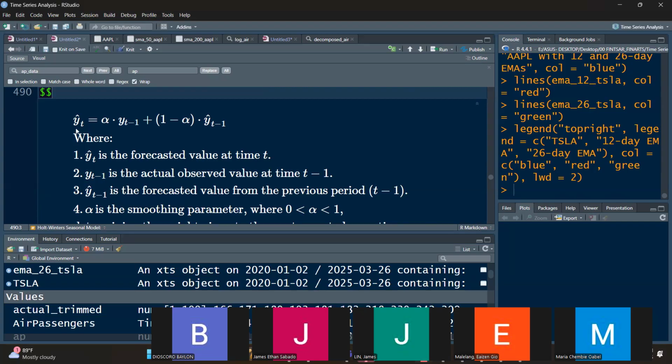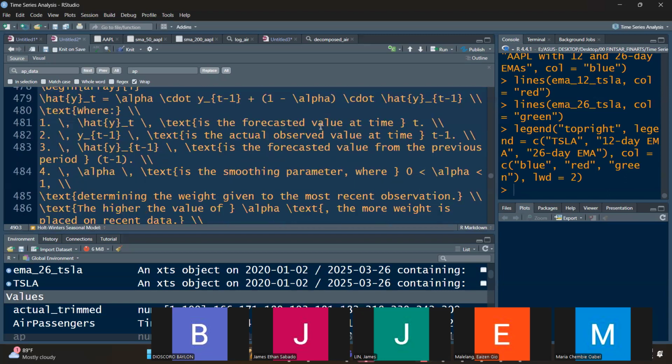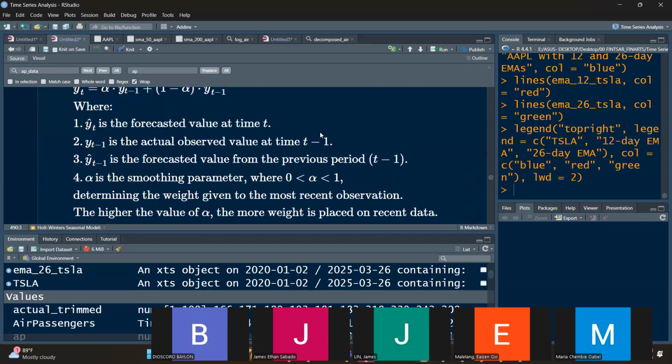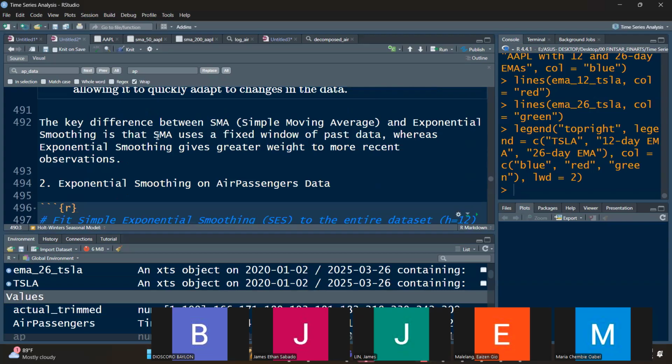So you can see that y sub t, the forecasted value, is based on the past original value and the past forecasted value. That's what makes this SES. This simple exponential method is more powerful than your SMA and EMA.